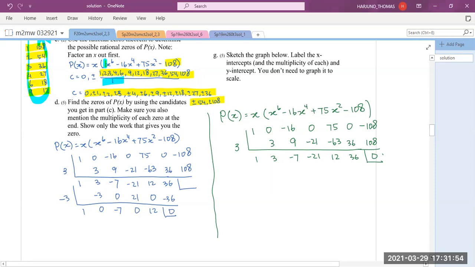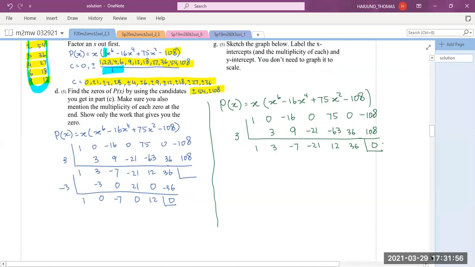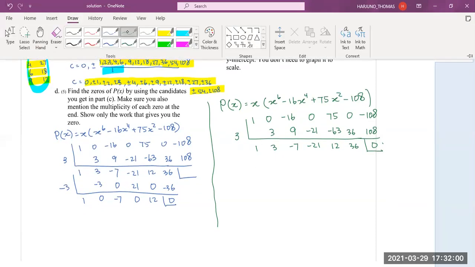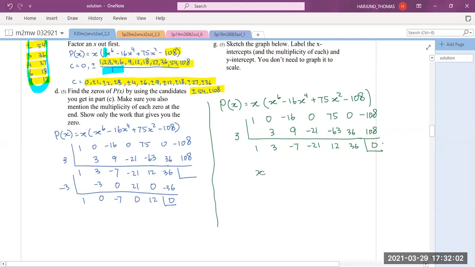Now, at this point, you can update your guess, because this polynomial is basically x to the 4th minus 7x squared plus 12. If you update your rational zero theorem, it will be just plus minus 1, plus minus 2, plus minus 3, plus minus 4, plus minus 6, plus minus 12.